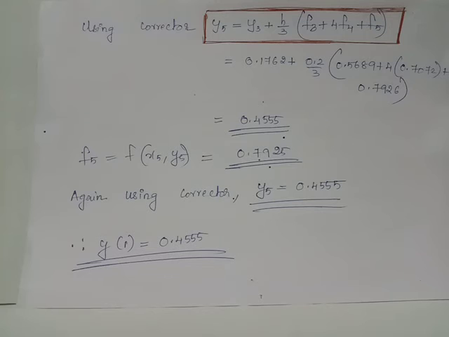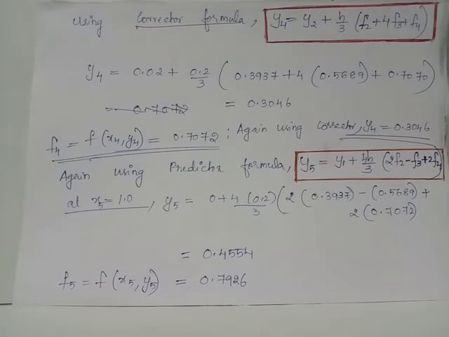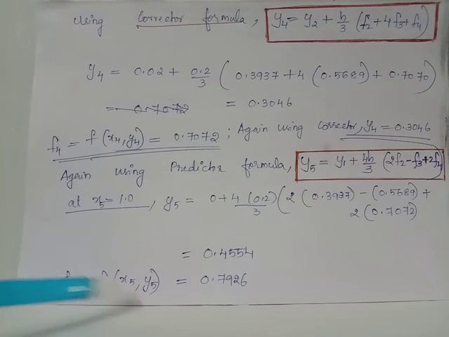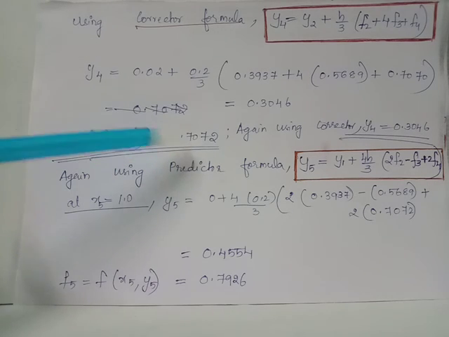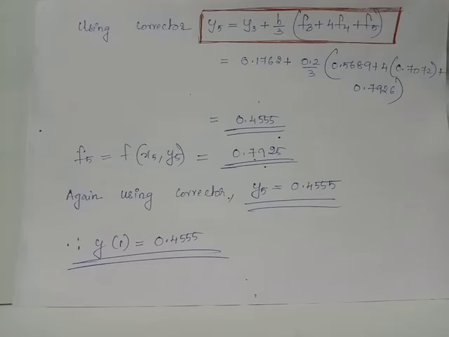The corrector formula for y5 is given by y5 equals y3 plus h by 3 times (f3 plus 4f4 plus f5), where f5 whose value is 0.7926 from this step and f4 whose value is updated as 0.7072 will be used, and hence we compute the corrected value of y5 as 0.4555.